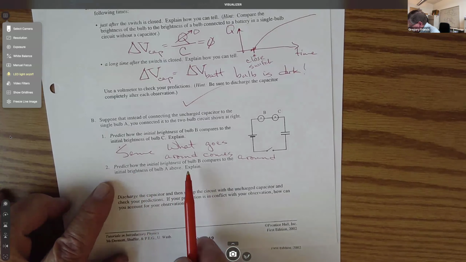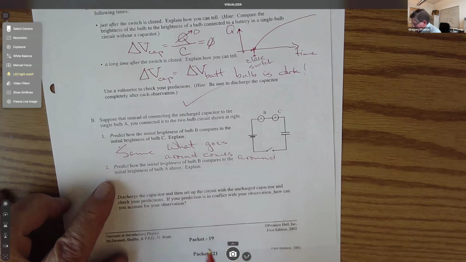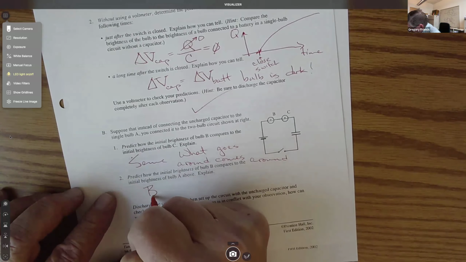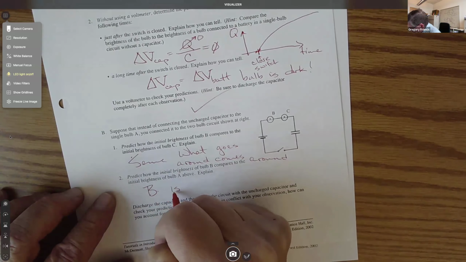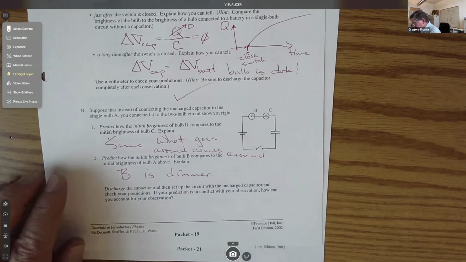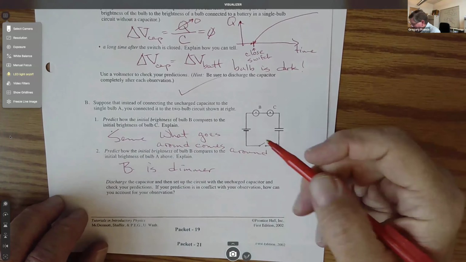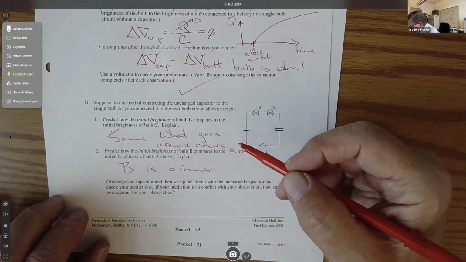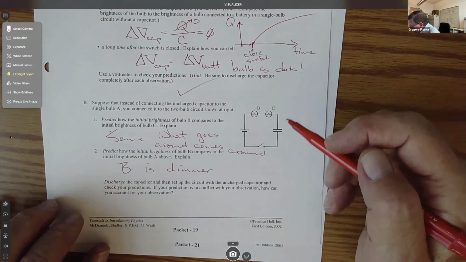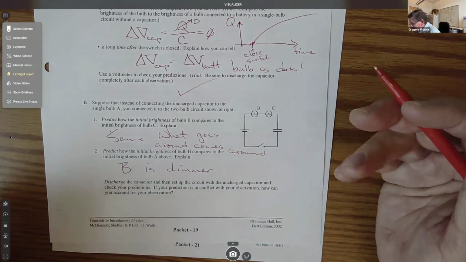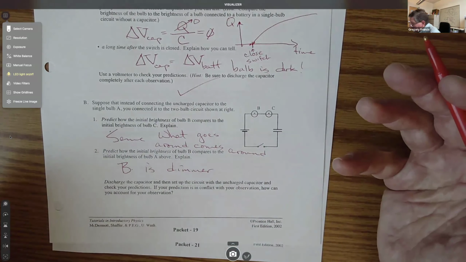Predict how the initial brightness of bulb B compares to the initial brightness of bulb A above. B is dimmer. Essentially, right after we close the switch, we can think of that empty capacitor with 0 volts across it as a wire.